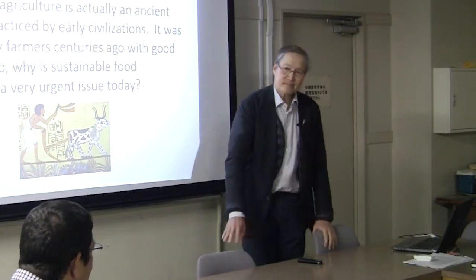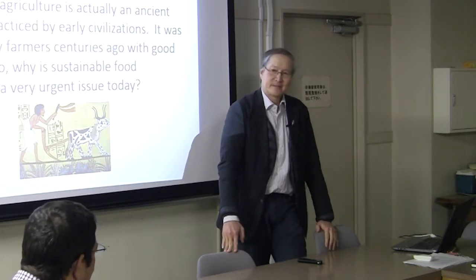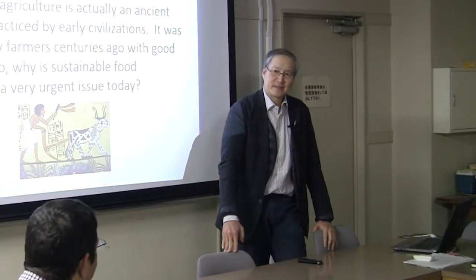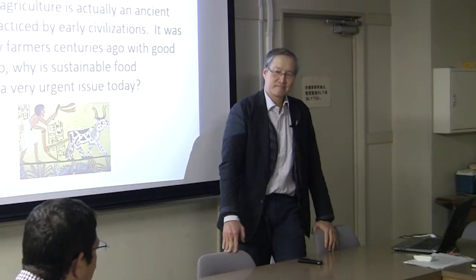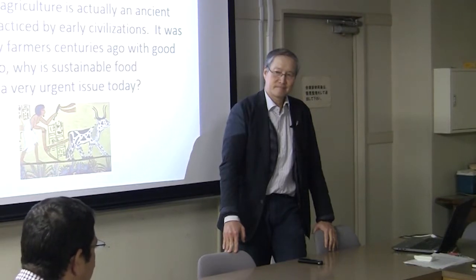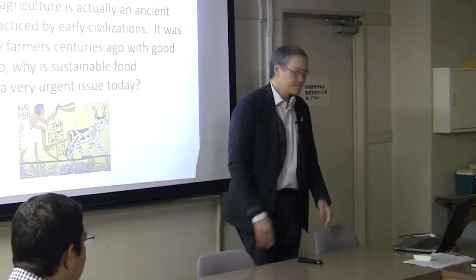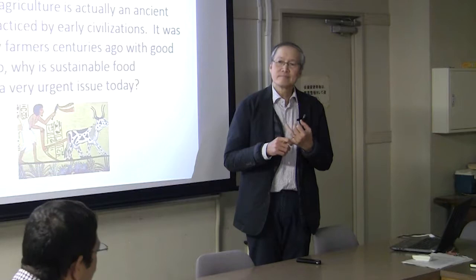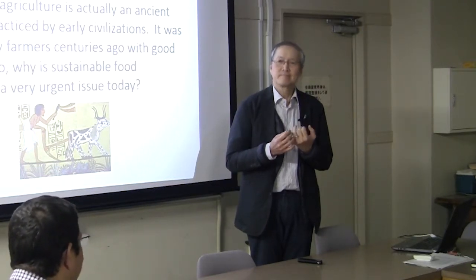So we need to consider sustainable agriculture more than at that time. And also the food diversification. In ancient times, people were relying just on grains, but nowadays fruits, vegetables, nuts, and other kinds of agriculture products.